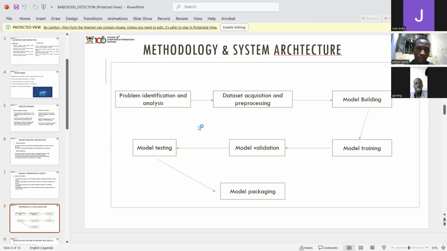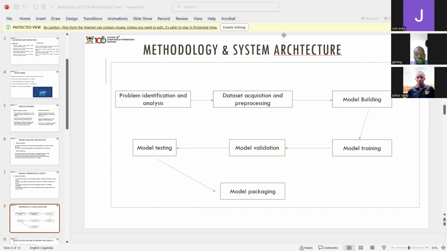Yes, hello. My name is John Garang, and I'll be taking you through the methodology and system architecture. Here we hold a simple method and system architecture whereby we identify the problem and do some analysis on the problem through data cleaning. So we got the data set and pre-processed it.